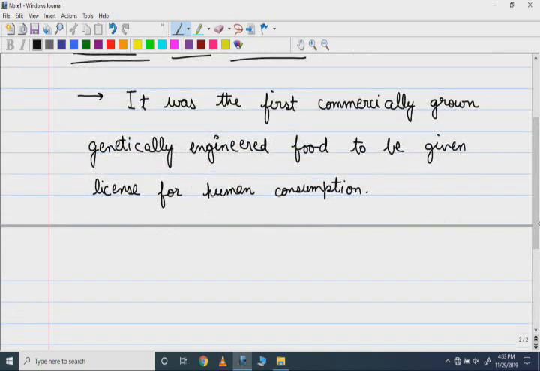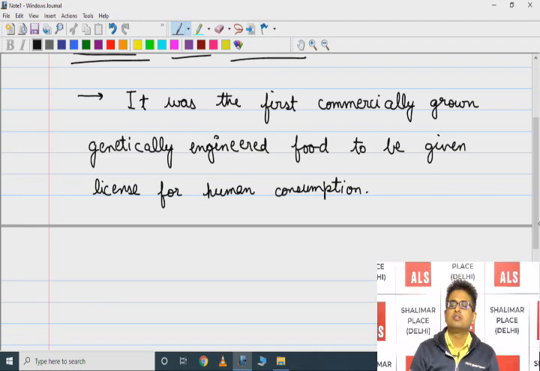And why was it so important? This tomato, you can keep outside the fridge for 1 month in non-refrigerated condition and still it will not get spoiled. Do you understand the importance of this?